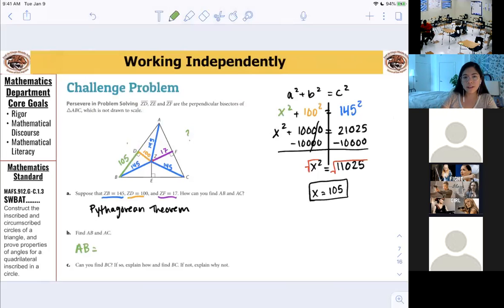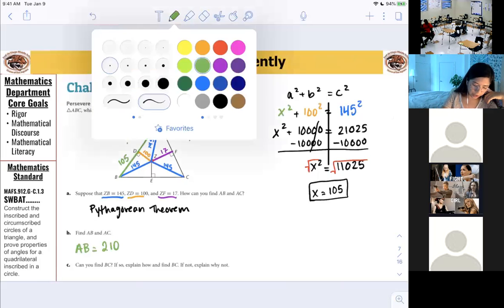If BD is 105, what is DA going to be? Also 105. So what's the whole thing? 210. Good, Emily. So that's AB. All right, cool. We're almost there.